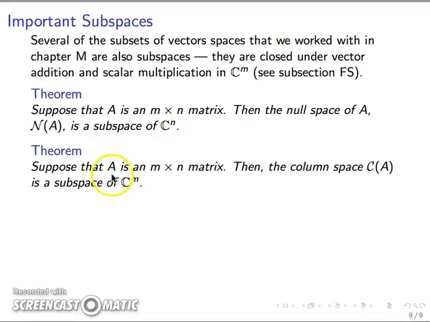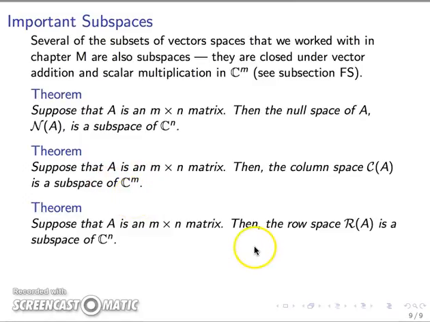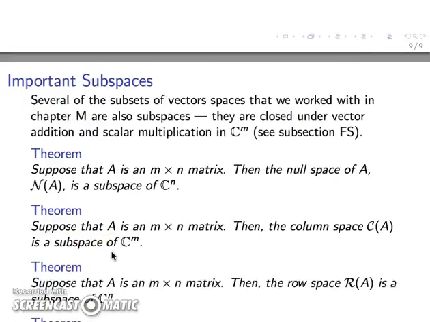The column space, made of all possible linear combinations of the columns of a matrix, will be a subspace of Cm. If you consider the row space of the matrix, then that row space is also a subspace of Cn.